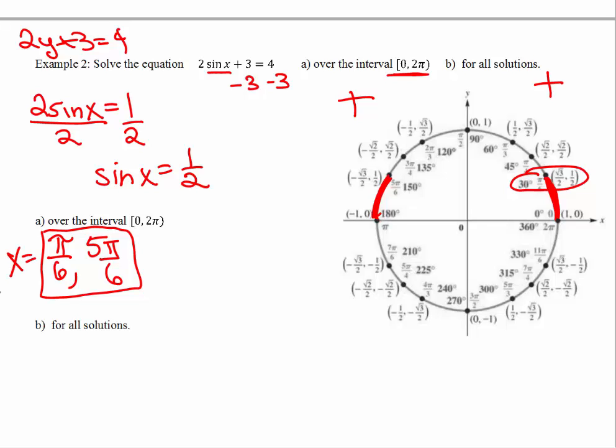Now if we're looking for all possible solutions, I'm going to take each of the angles that I found on the unit circle, and we're going to add multiples of 2 pi. Since we're talking about radians, a complete rotation all the way around the circle would be 2 pi. So we could say 2 pi times n. So integer multiples of 2 pi.